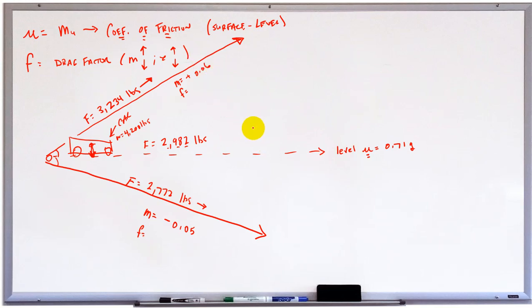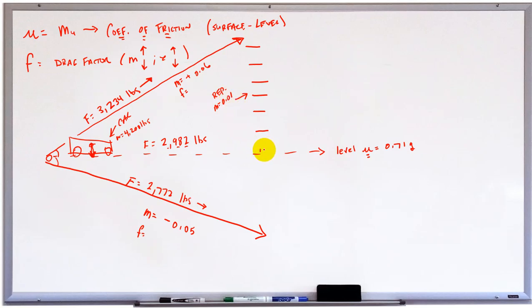So if I'm at a 6% upgrade, I would just say 1, 2, 3, 4, 5, 6. Each one of these rungs represents 0.01 grade.